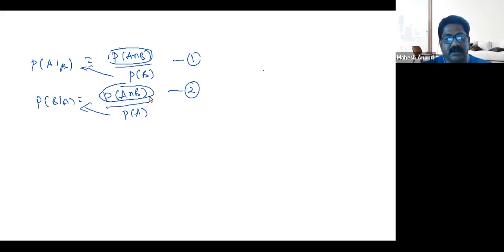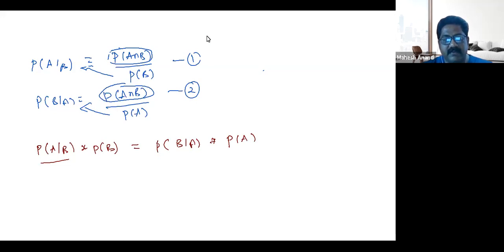From the first expression, P of A given B times P of B is equivalent to, from the second expression, P of B given A times P of A. So keep P of A given B here and take P of B to the denominator.